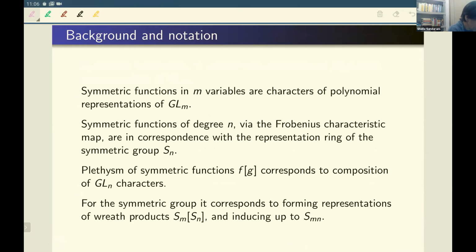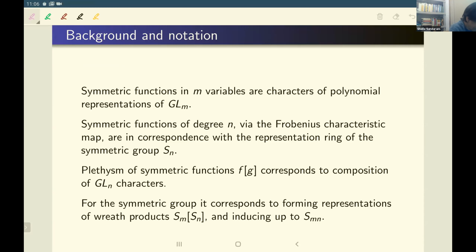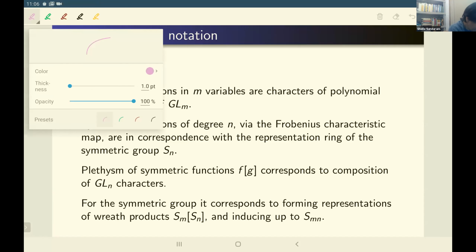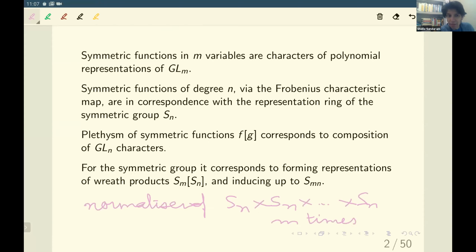Okay. So this thing is the normalizer of Sn cross Sn cross Sn, m times. Does that make it better?